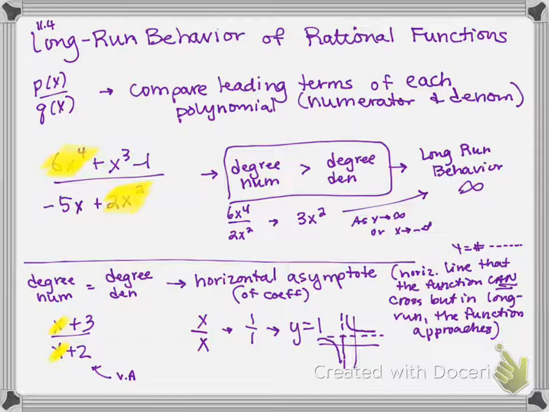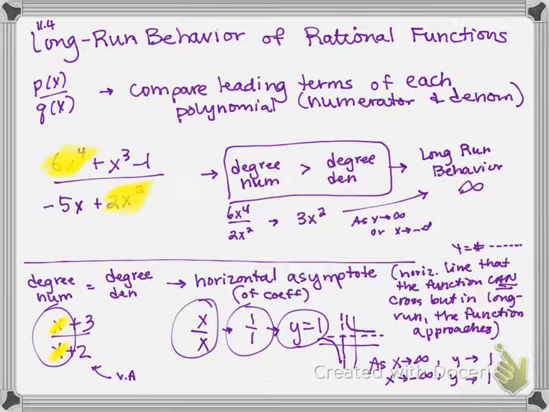But it has this horizontal asymptote of y equals 1. So as either x gets infinitely large or as x gets infinitely large in the negative sense, the function value for both of these goes to 1. And that's just coming from the fact that the leading terms were the same power, and we pulled their coefficients off, and that gave us the equation for a horizontal asymptote. Let me do another one of these where they're equal.